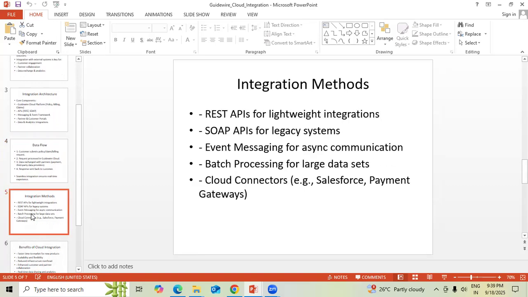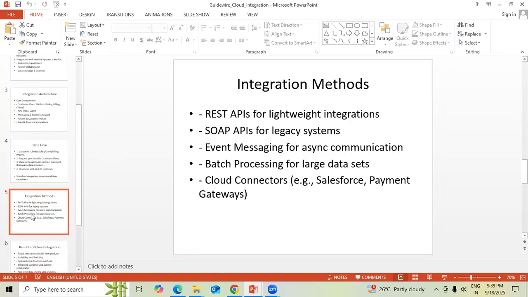Now, what are the different methods we are using? Integration methods: RESTful API, as I told you, because it's a lightweight integration. Even now we are using RESTful API, so we'll be learning that. SOAP API for legacy systems, because many organizations are still in legacy systems and now transforming to the cloud environment, so learning SOAP API is important.